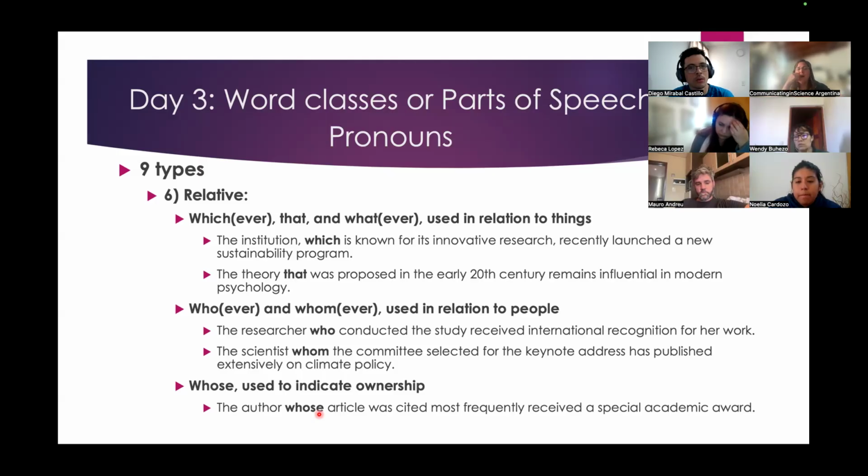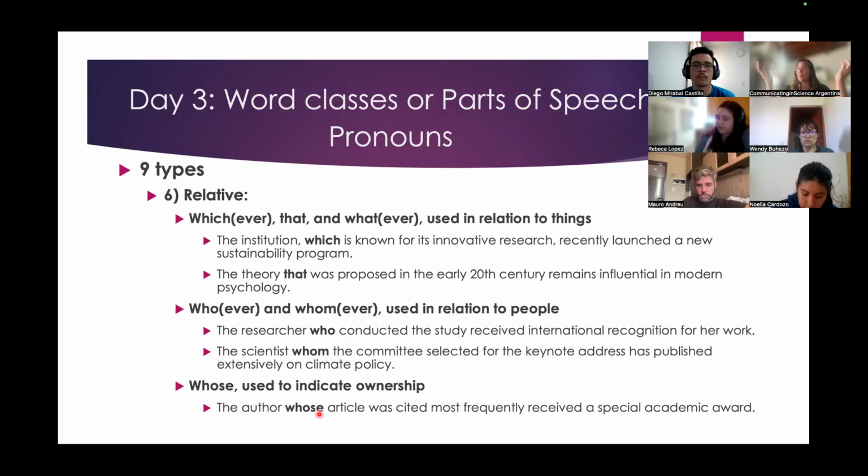In this case, it indicates ownership, but it's not classified as a possessive pronoun, because you cannot put it alone at the end of the sentence. It means cuyo. Cuyo ¿qué?